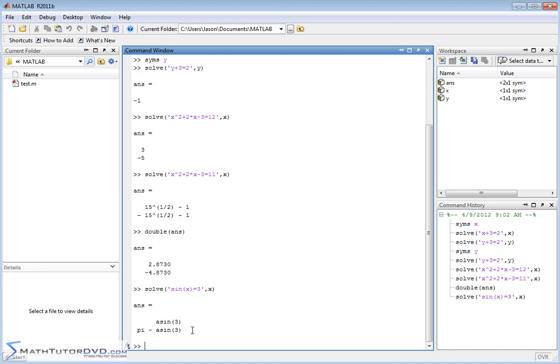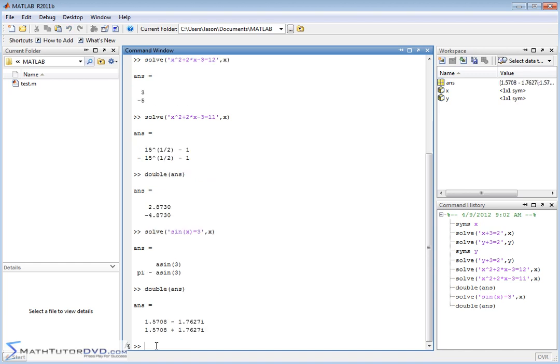And if you notice in this case, what's really happened here is when it tried to solve this equation, the only thing it can do, since you're trying to solve for x, is it's trying to take the arcsine of 3, but there isn't really a way to give you an approximate answer other than to tell you that it's just the arcsine of 3 and it's pi minus that. So if you want to convert those answers to decimal, as always, you can just convert those last answers to decimals, and you can see the problem here.